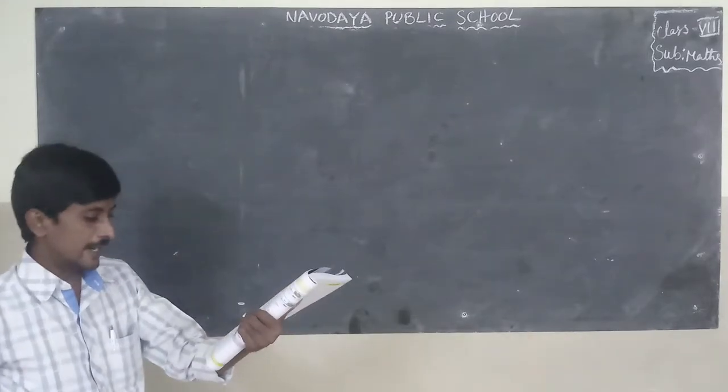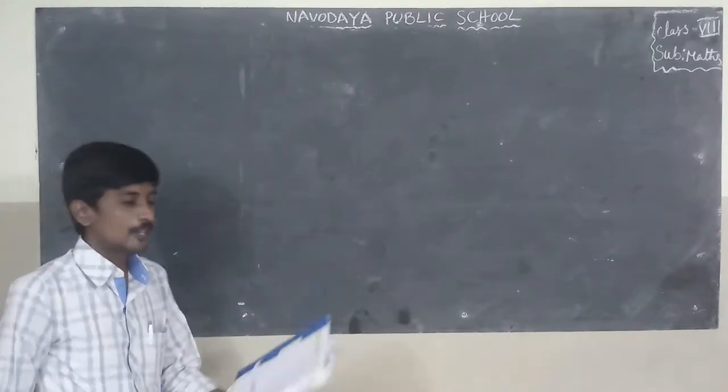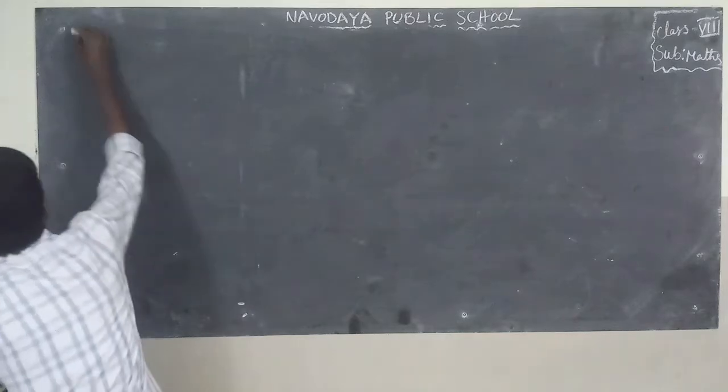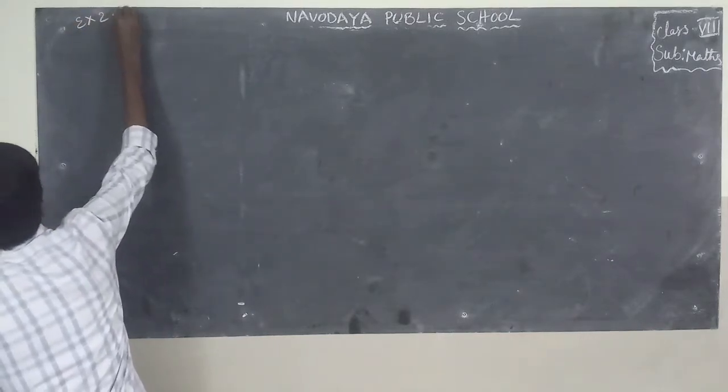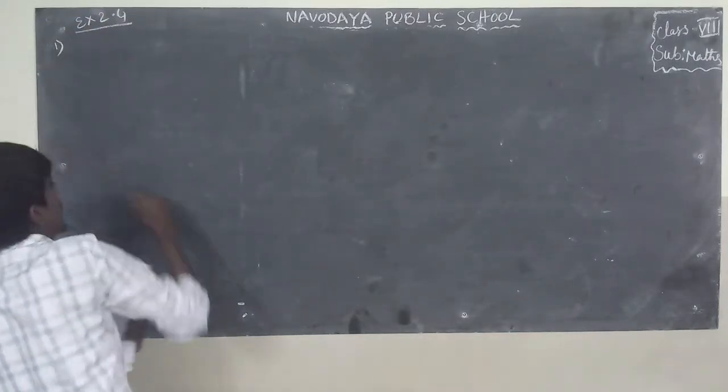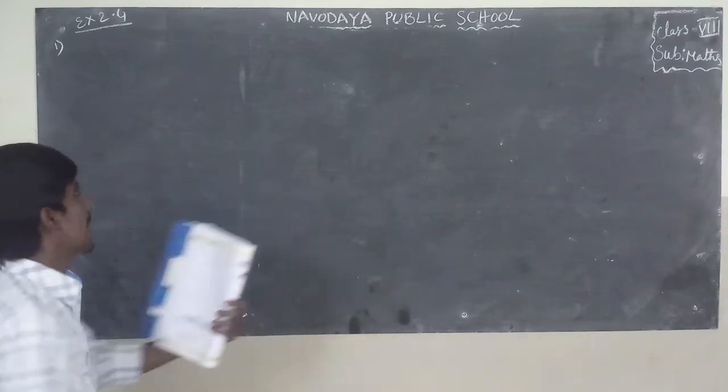Yesterday we already completed exercise 2.3. Today I will explain exercise 2.4. The first sum: find the value of x.